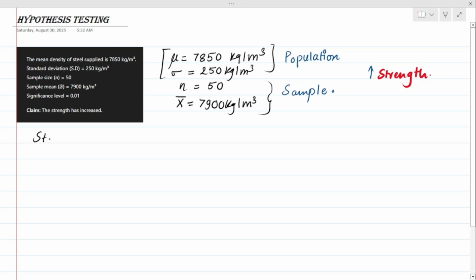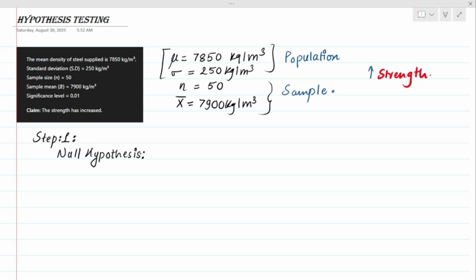So first of all, we have step one. In step one, we always start with a hypothesis. We have two kinds of hypothesis. The first is the null hypothesis. I repeat, if you are watching this video, then you don't need to watch anything else related to this type of question because I'll explain everything. The null hypothesis is generally related to equating something with a given data.